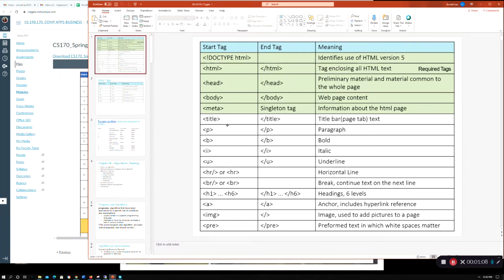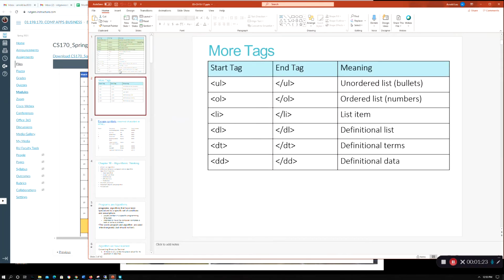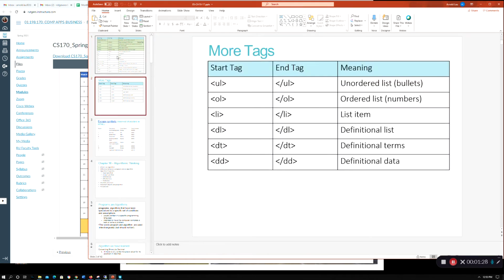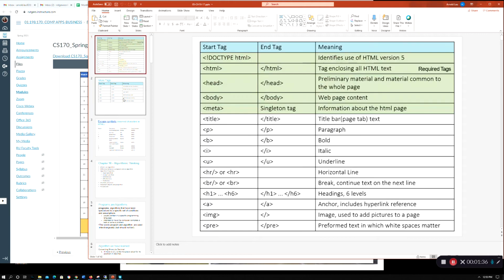If you don't understand any of these and how they should be used, make sure you let the TAs know, drop in on the lab hours or whatnot, post to Piazza, something like that. We will be providing a sheet with these same tags, but I'm also posting this up into my resources, so you can also take it from there. So there'll be a number of places where you can get these tags, right?